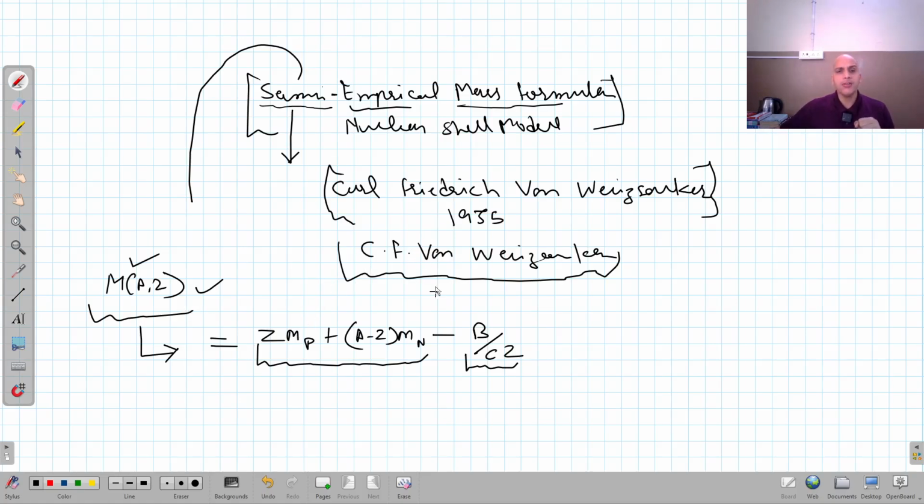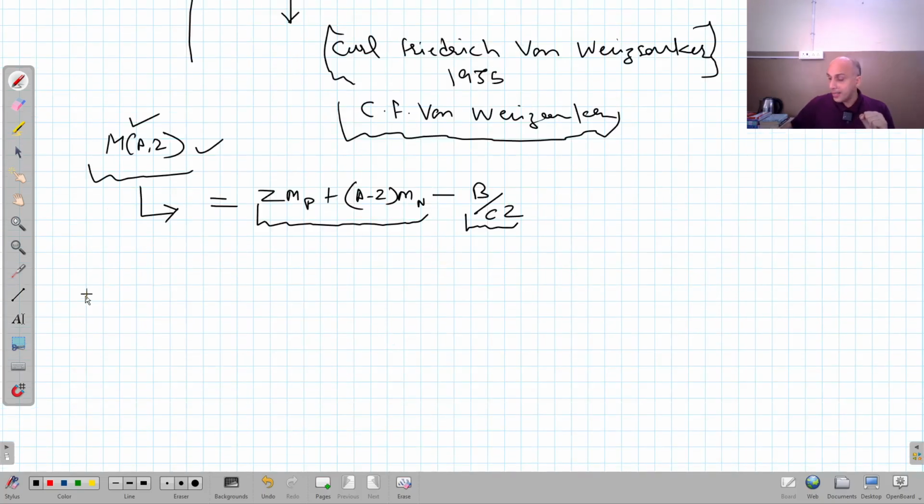Now, according to C F von Weizsäcker, the binding energy consists of a number of contributions that depend upon different factors of the atomic nucleus. These terms are the volume energy term, surface energy term, Coulomb energy term, asymmetry energy term, and pairing energy term.